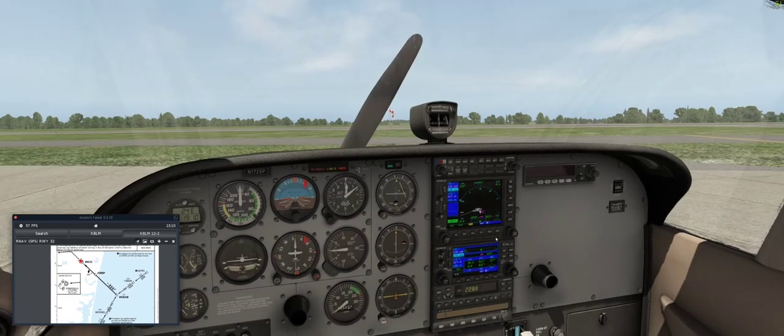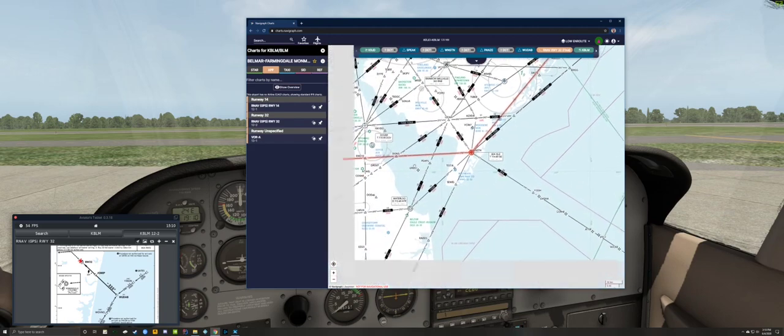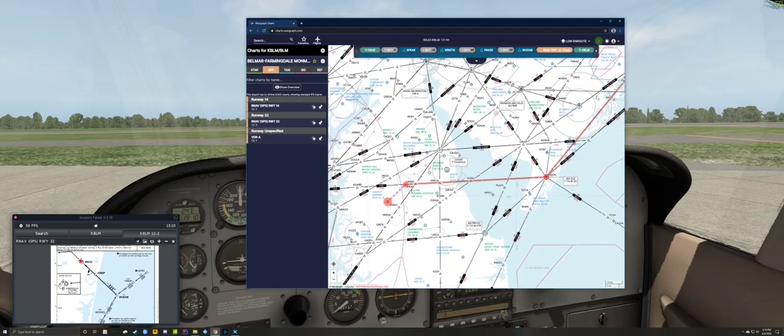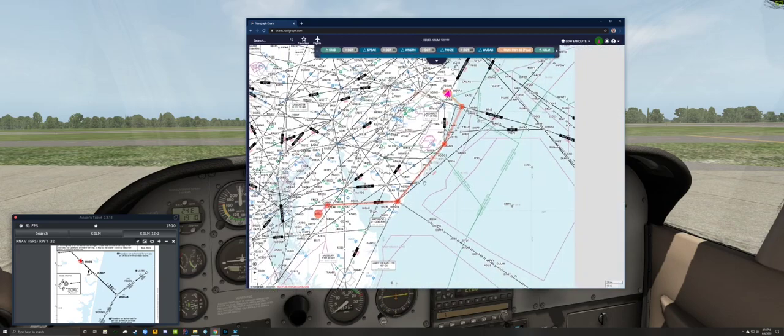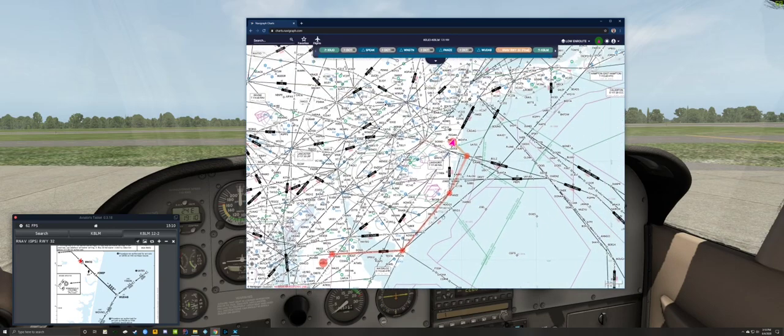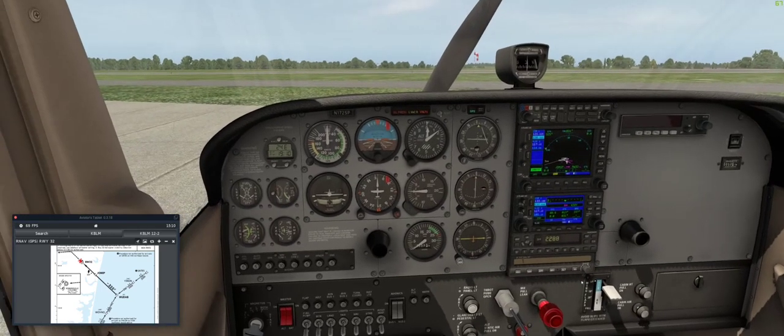I think that'll be a wrap. We went through the flight planning, programming the GNS 530, and using autopilot to follow this flight plan. We controlled altitude for the most part using the autopilot.